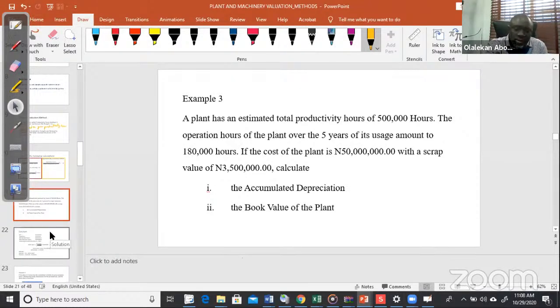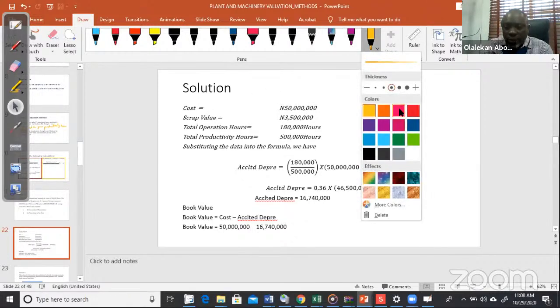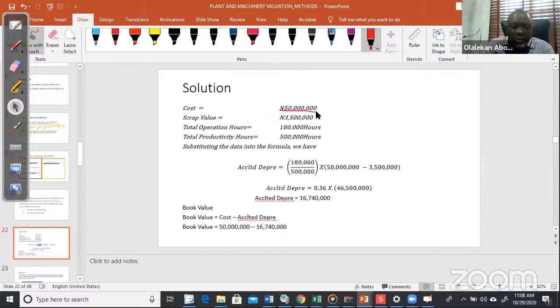So your cost is 50 million, scrap value 3.5 million, running hours so far over the 5 years 180,000, and total productive hours for the lifespan of the asset 500,000.